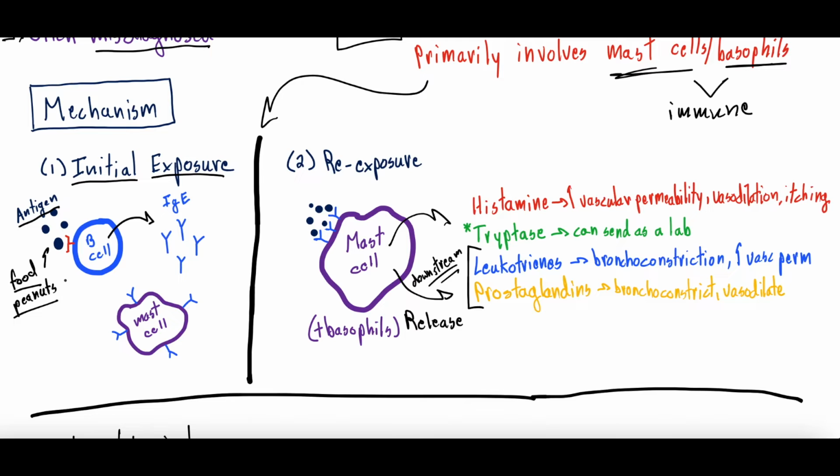So we are going to start an immune reaction to that peanut protein. The way we're going to do that is we're going to grab onto that peanut protein, bring it into our cell, break it down into smaller proteins, and then produce immunoglobulin E, or antibodies, specific to that peanut protein.